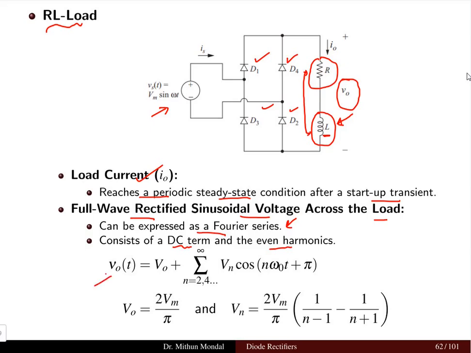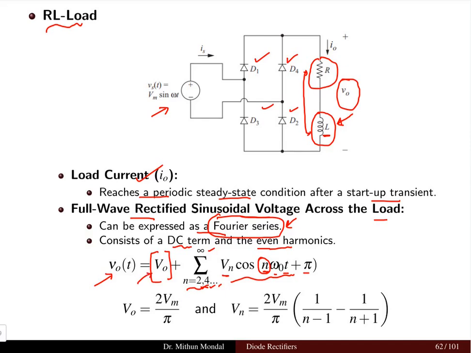So the voltage V0 as a function of time t is the DC component V0 plus certain harmonics, which is given by the Fourier series expansion: Vn cos(n omega naught t plus pi), where n is the order of the harmonics. Since it is even harmonics, we have 2, 4, 6 and so on till infinity.